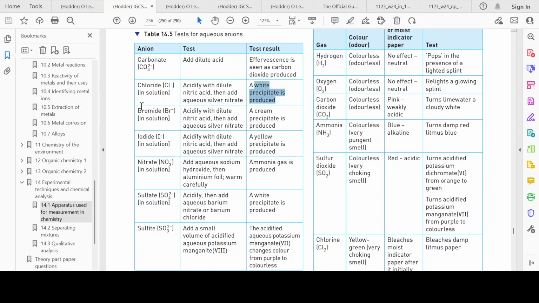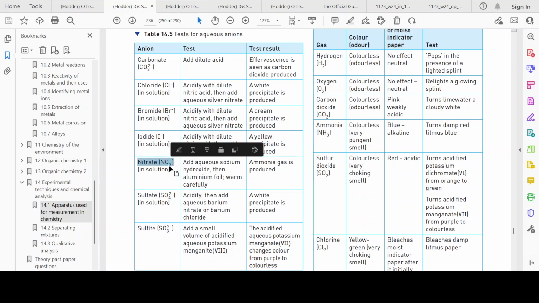If you've got the bromide ion, again dilute nitric acid, aqueous silver nitrate, and you're going to get a cream precipitate, which would be silver bromide. Iodide, same thing, you get a yellow precipitate, which would be silver iodide.